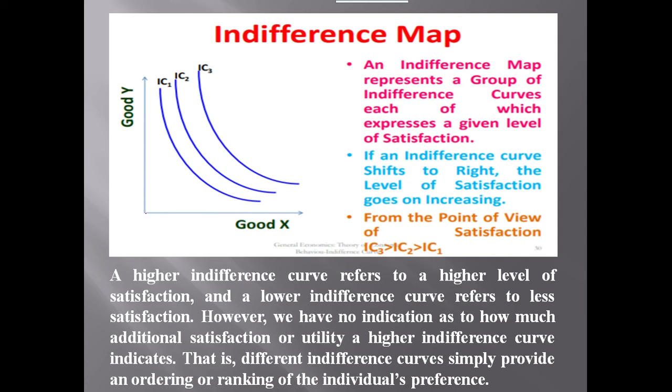When an indifference curve moves away from the origin, shifting to the right, the level of satisfaction goes on increasing. Means IC3 gives a higher level of satisfaction or utility than IC2, and IC2 gives a higher level of satisfaction or utility than IC1.